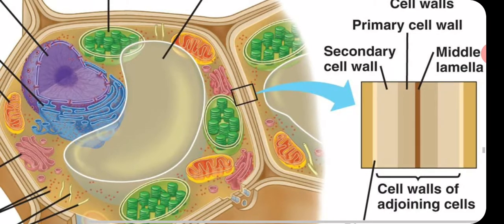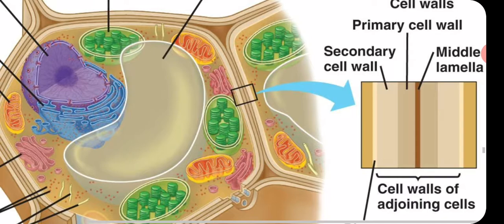Speaking of one cell's cell wall, the first, outermost layer is the middle lamella. The second layer from outside is the primary cell wall. The innermost layer is called the secondary cell wall.